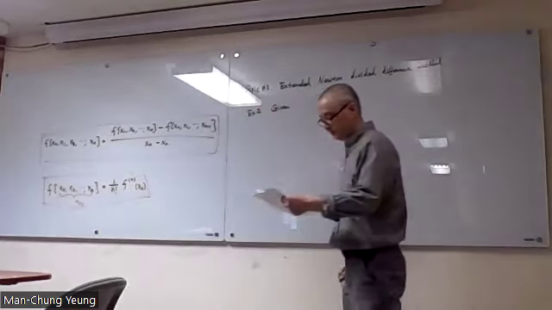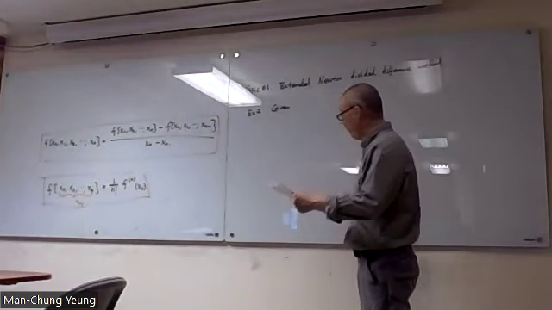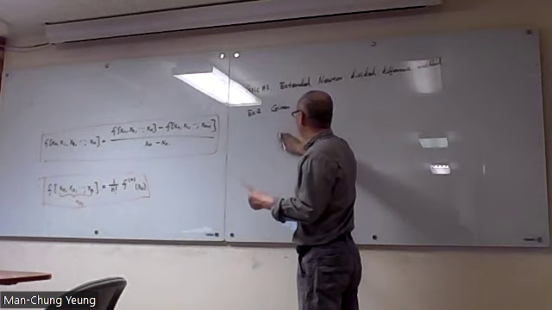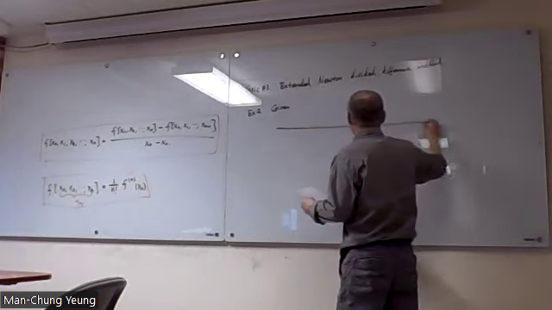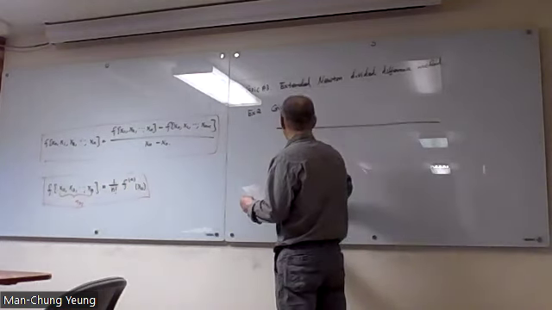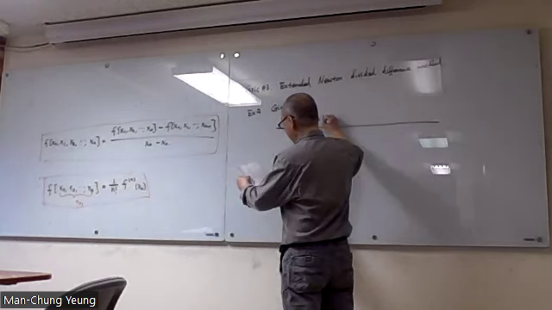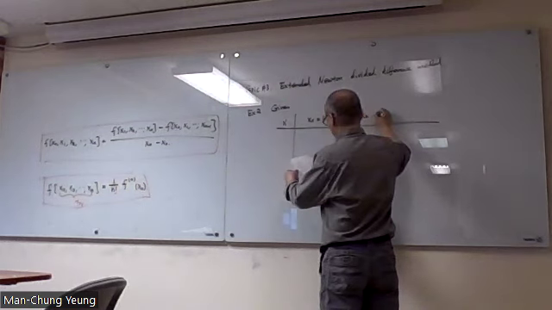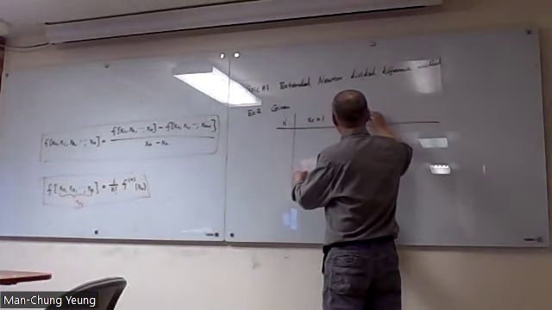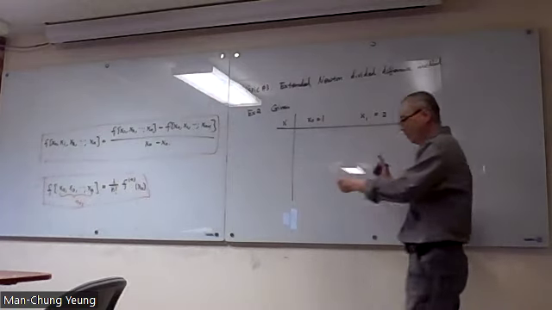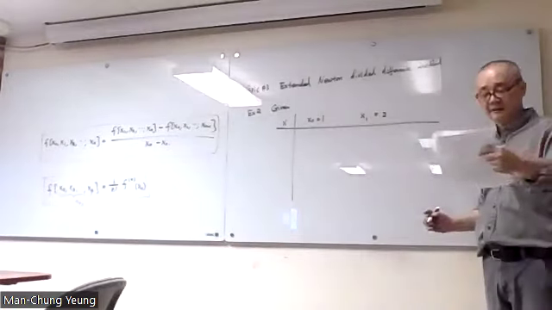Given function values, let me make a table. x0 is 1, x1 is 2, only 2 points, only 2 rows.